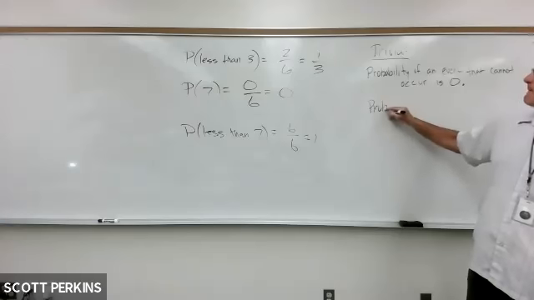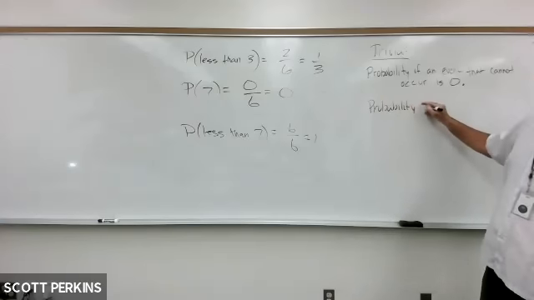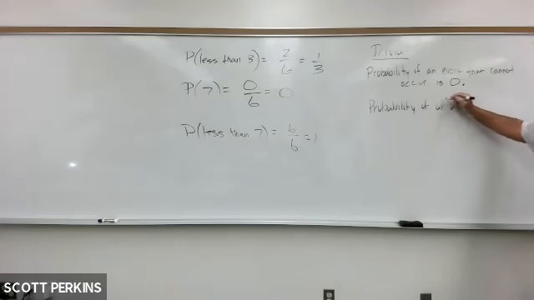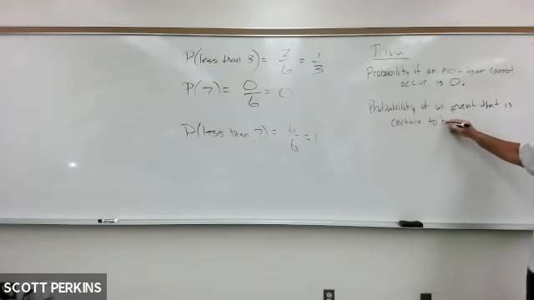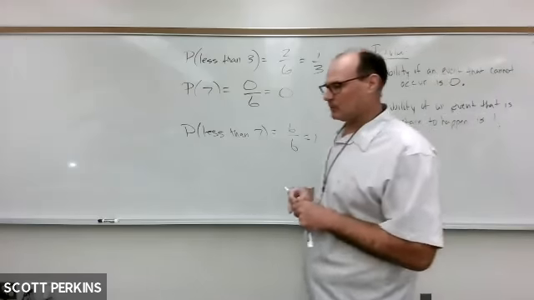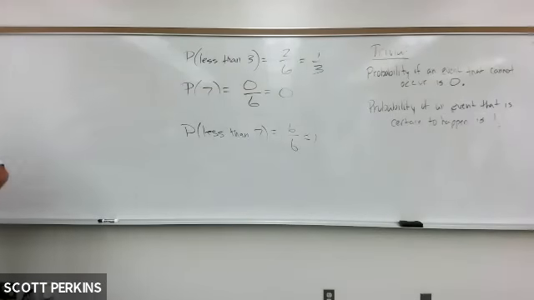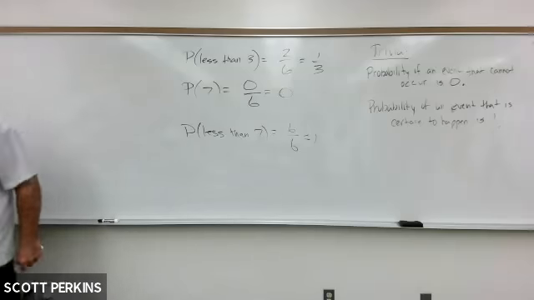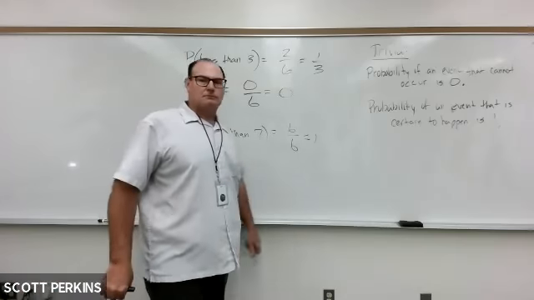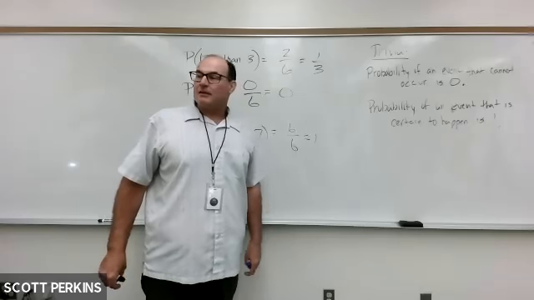So the probability of an event that is certain to happen is 1.